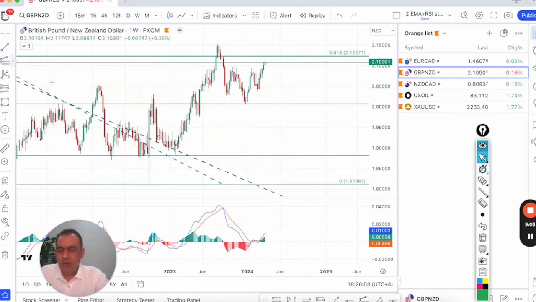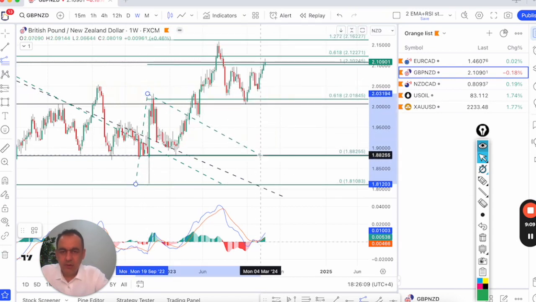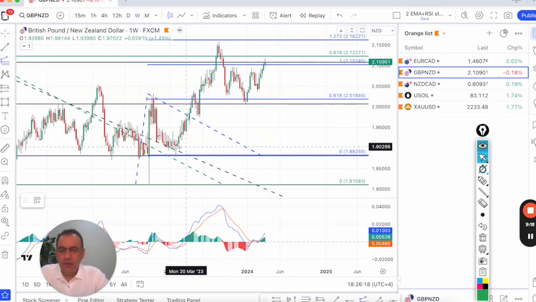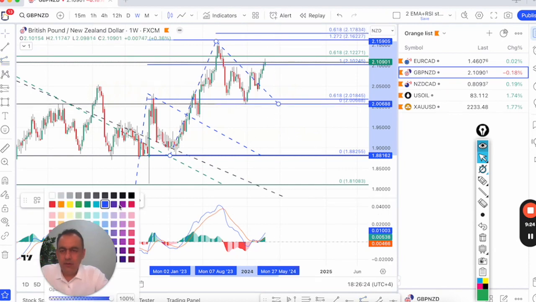So I'll be using a different color, but I'll mark the new 5-leg structure here on fib extension to understand the next upcoming target. So we'll just change the color here to blue, and I'll use another fib extension line here, with a different color again, maybe red.